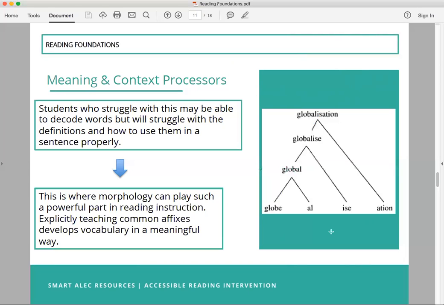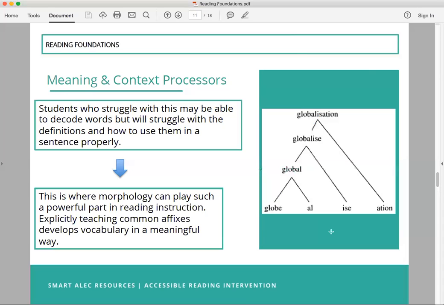Oh, all right. Well, that's kind of a relation to the globe. So all of a sudden, global, we're thinking, all right, we're looking at the world context here. Okay, well, what about globalize? What about globalization? And so if we really start pulling out, we can get some really big words out of words that we do have some meaning and context for.